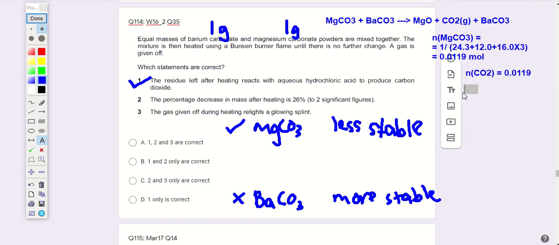Now let's find the mass of carbon dioxide. 0.0119 multiplied by 12 plus 16 plus 16, which is 44. That gives 0.524 gram.